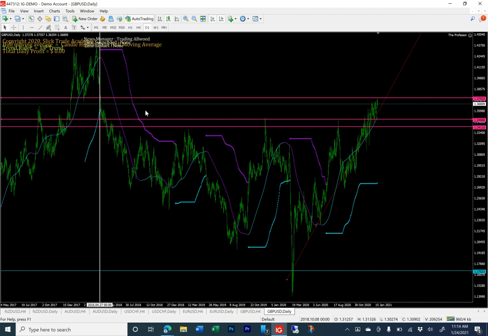So if we break above this 1.37533 level, then you could expect price to head to the 1.37929 level.